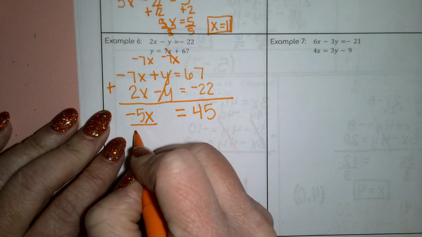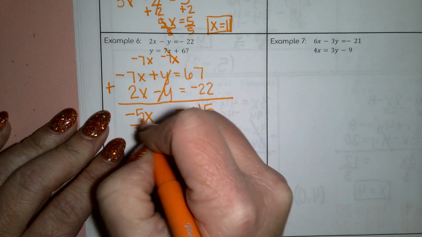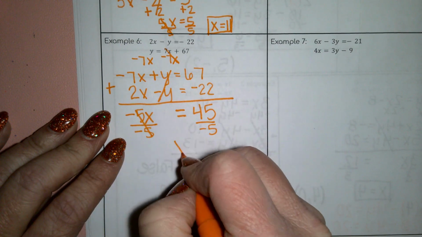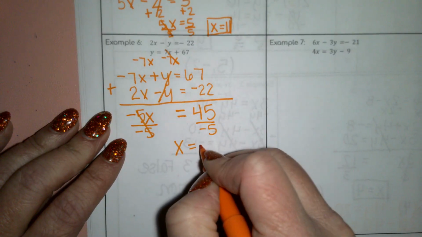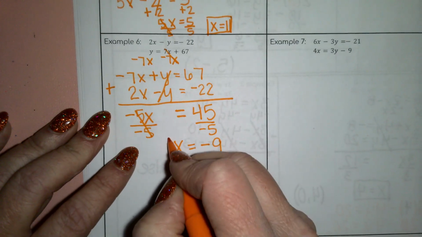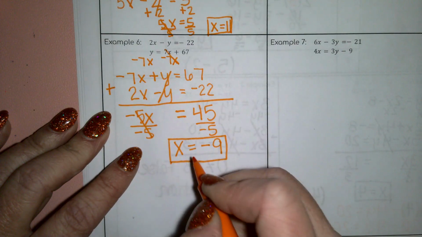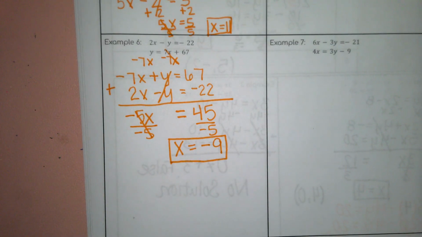We're going to divide by negative 5 on both sides. That cancels. We're left with x is equal to negative 9. That's our first important piece of information, so we're putting it in a box.